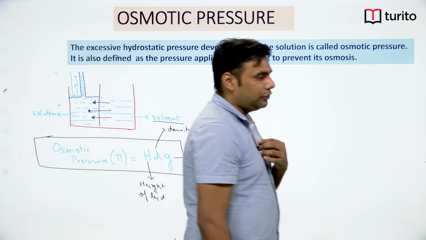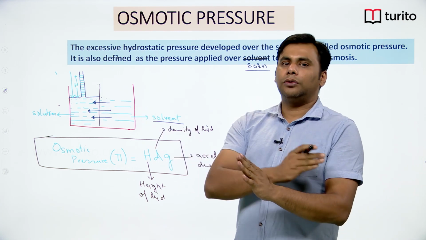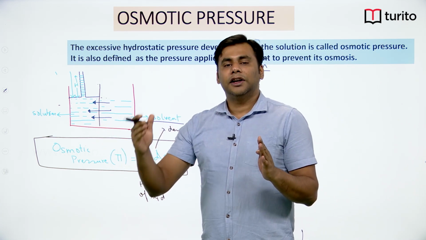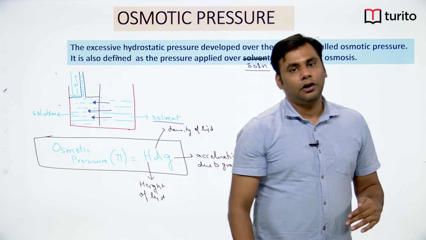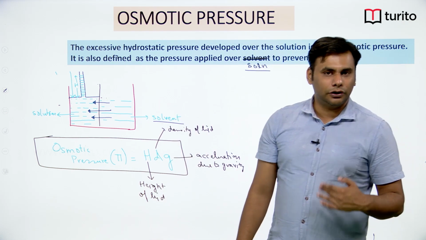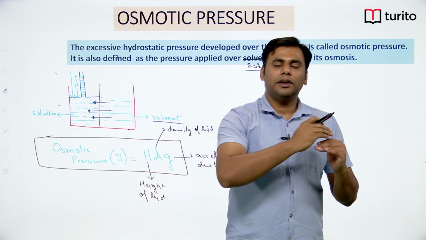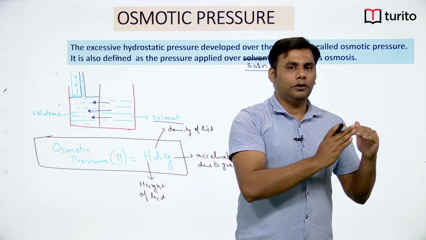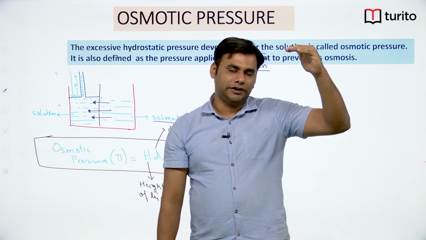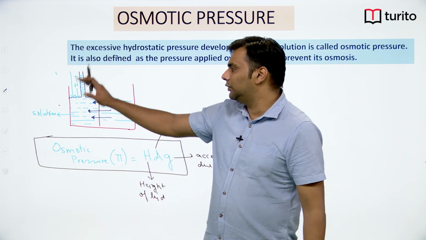Hope this is clear to you. So osmosis is basically the flow of solvent particles from one side to the other, from the area where there is more concentration of solvent to a region where there is less concentration of solvent, or from a region of high vapor pressure to a region of low vapor pressure. Now when the solvent passes from one region to the other, the number of solvent particles would keep on increasing, due to which the height of the solution will keep on increasing, and it will exert some hydrostatic pressure on the solution side.